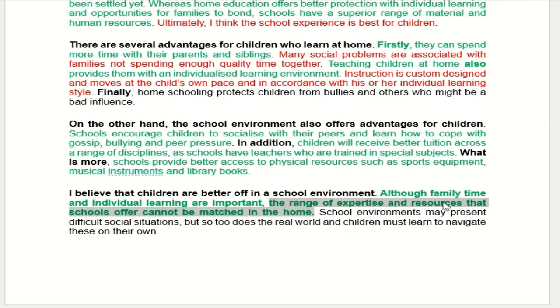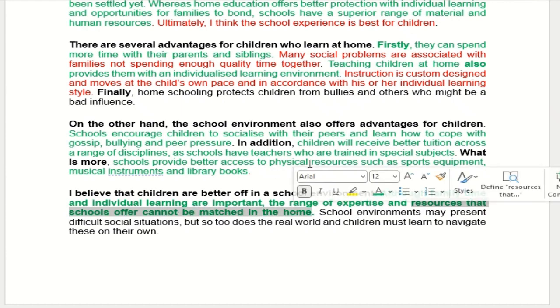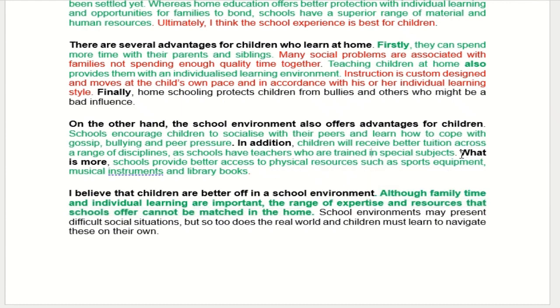All right. And then the second part that says resources that schools offer cannot be matched in a home. Remember that it mentioned in the final sentence of the second body paragraph, this one, that schools provide better access to physical resources such as sports equipment, musical instruments, and library books.